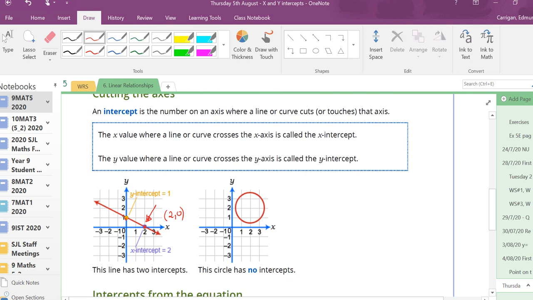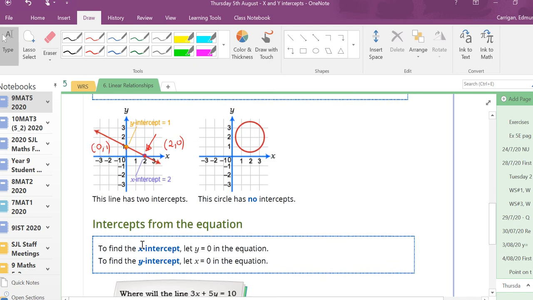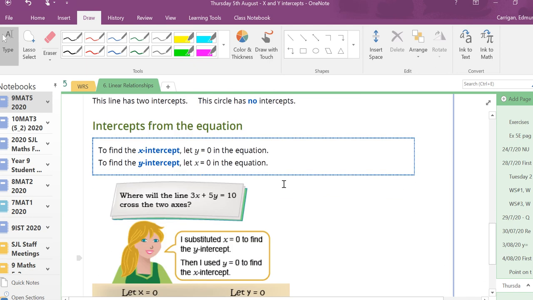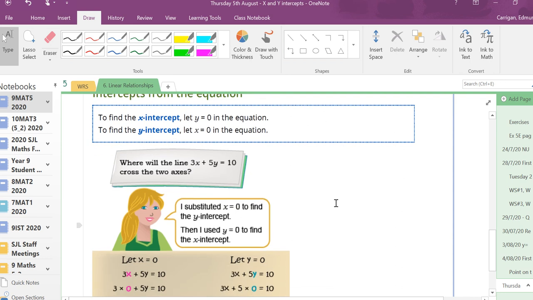So here it is, and again we're going to find that x is 0 in this case, y is 1, as the coordinates of those points. So we can find the intercepts from the equation by putting y equals 0 into the equation to find the x-intercept, and x equals 0 into the equation to find the y-intercept.